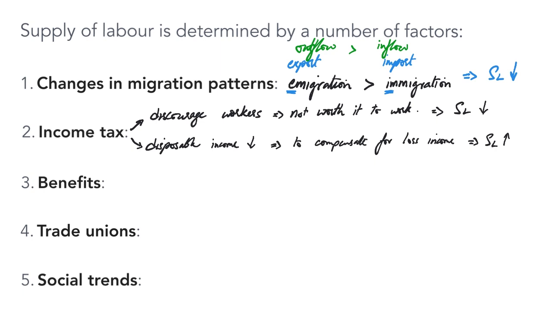All right. Benefits, when we talk about benefits, we're talking about state benefits like unemployment benefits and all. Okay. So if state benefits like sick, disability, unemployment benefits are generous, that is going to make people less hardworking.